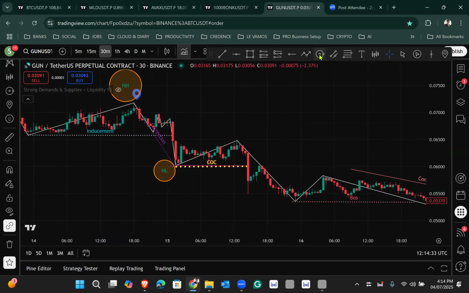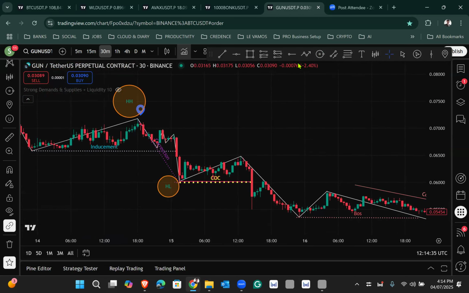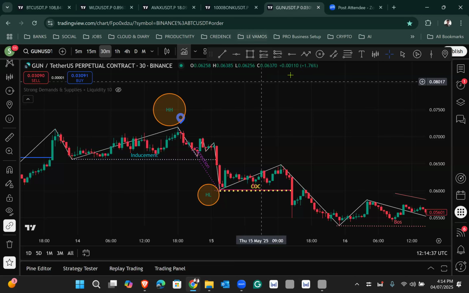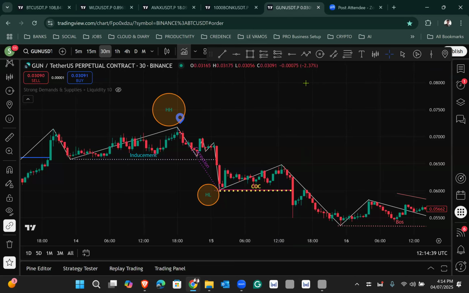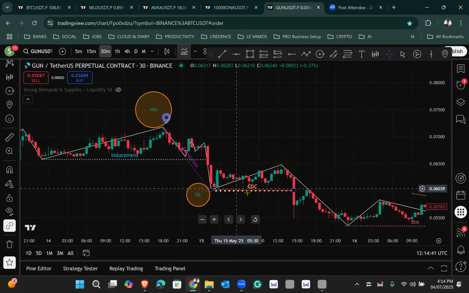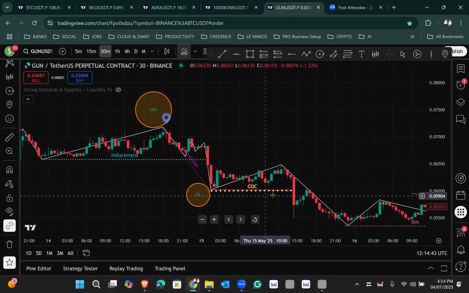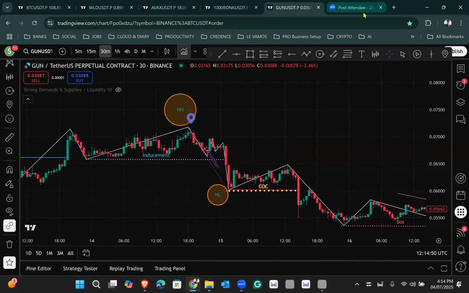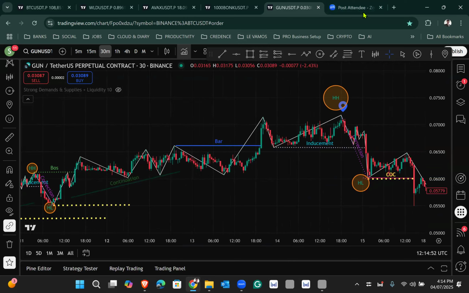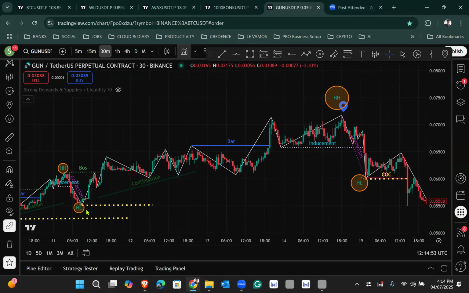Okay. So the break of structure, because here I have confusion actually, because this change of character is not correct, right? So you check the previous higher low. Okay, the previous higher low, this is the one. Draw the line.